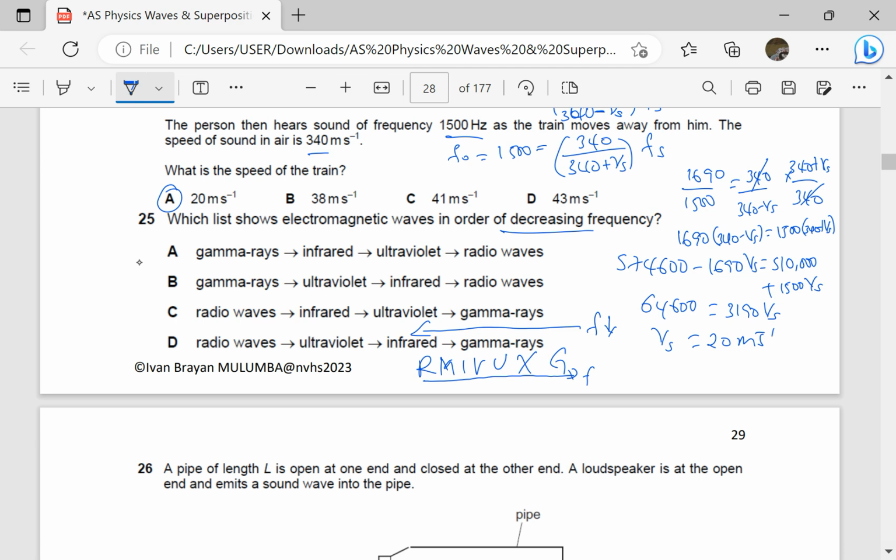So radio waves cannot come first because we want in order of decreasing frequency. So we start with the highest frequency. The highest is gamma. So we eliminate C and D because we want decreasing frequency. Then the next is X-ray. X-ray is not there. Ultraviolet. So we have infrared in A. That means the answer remains B because ultraviolet must be the second.